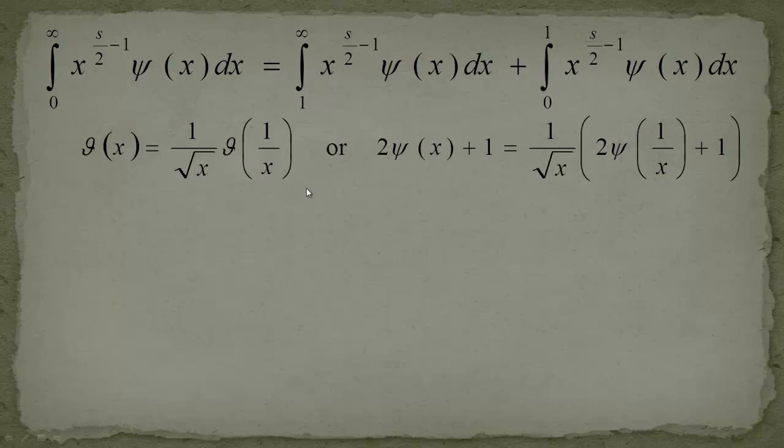Okay, if we just translate it into the language of the psi function, we get 2 psi x plus 1, which is nothing else but theta of x, is equal to 1 over square root of x, is equal to theta of 1 over x, and this guy here.